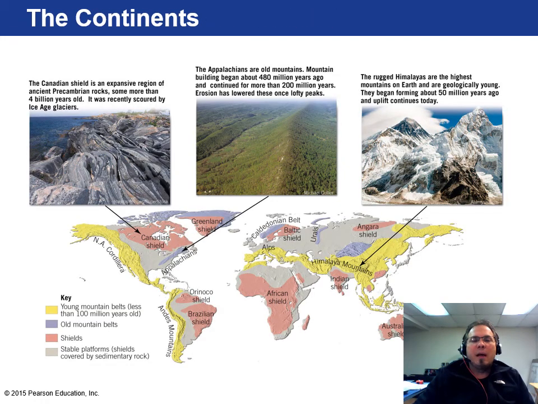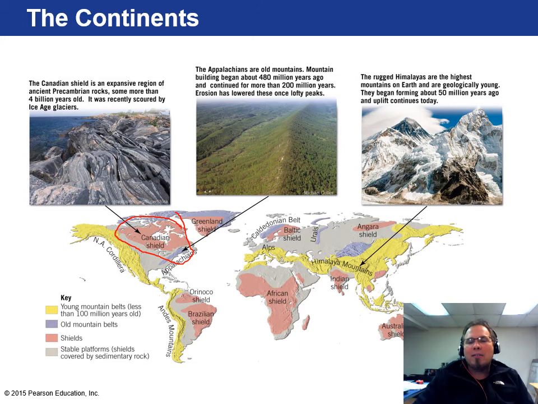So here's an example. You have the Canadian Shield up here. These areas in red are very, very old rocks. Some are more than 4 billion years old. You have old mountain ranges. So the Appalachian Mountains in the eastern U.S., that mountain range is over 480 million years old. So it's been weathered down and eroded.